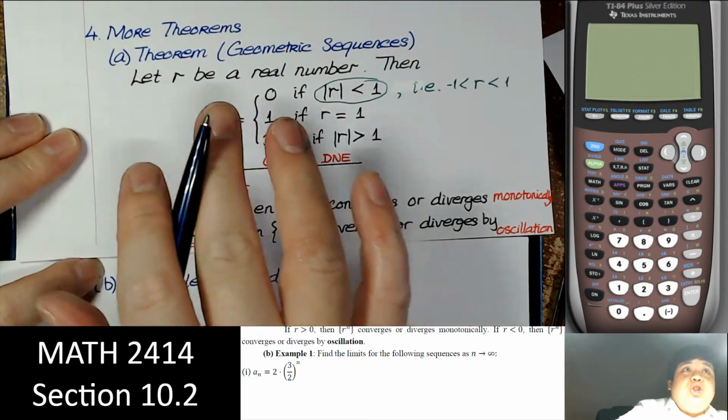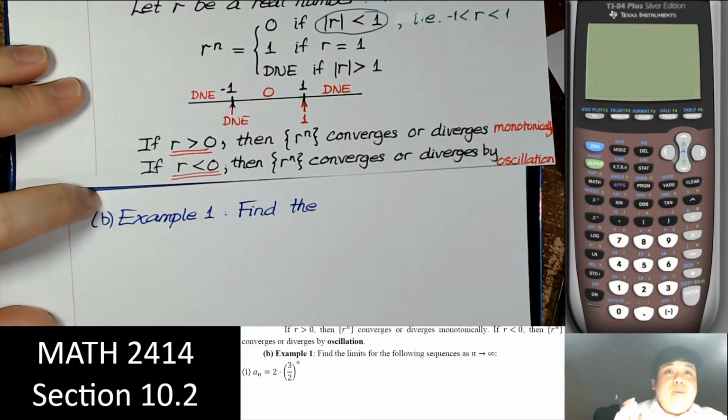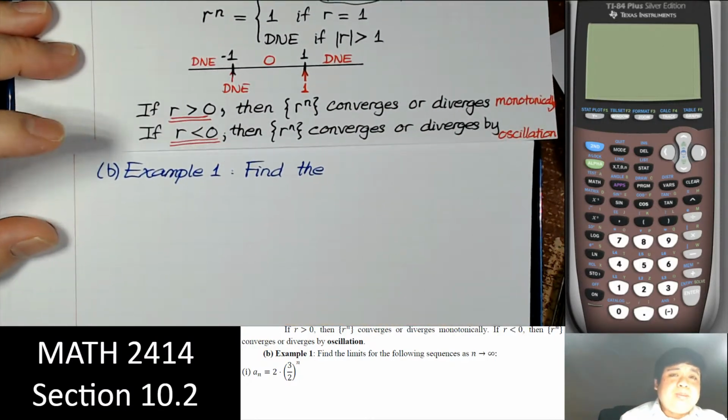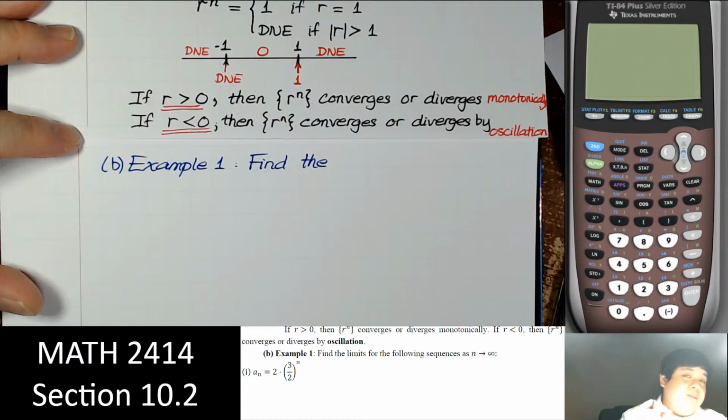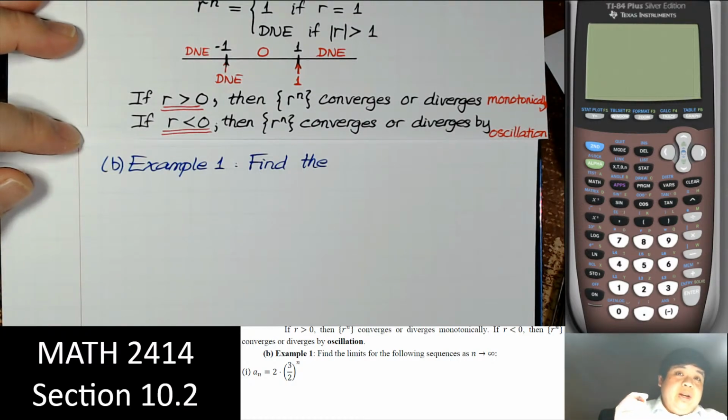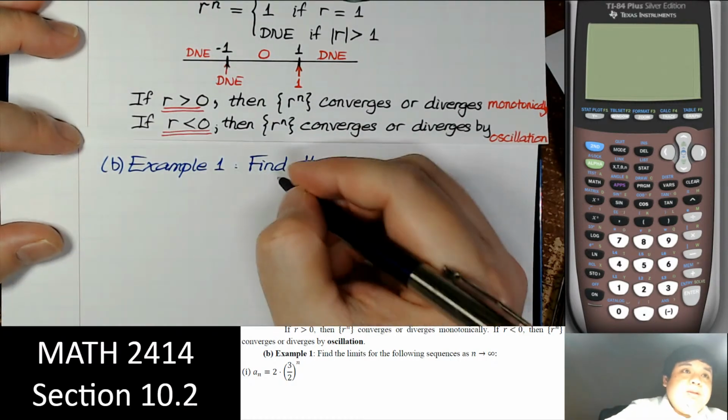By the way, this is a geometric sequence and not a geometric series. Those are different things. Again, a sequence is term by term. A series is the sum of the terms.